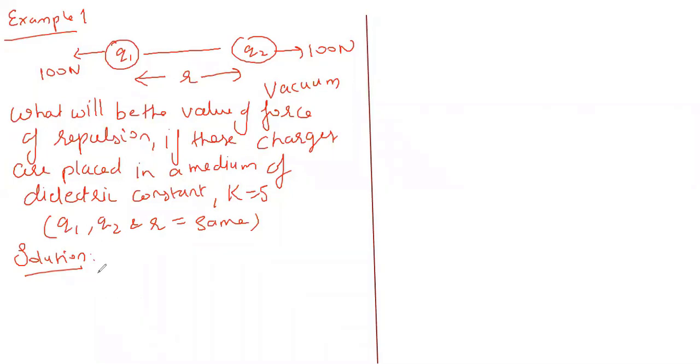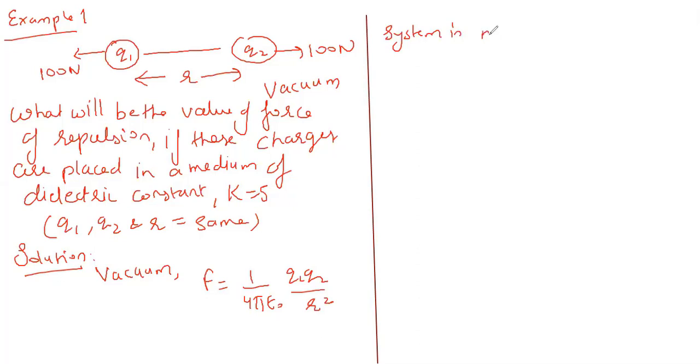In the earlier case, when it is in vacuum, I can write the force as 1 upon 4 pi epsilon naught Q1 Q2 divided by R square. Now, whenever I take the whole system in a medium which has dielectric constant capital K equal to 5.